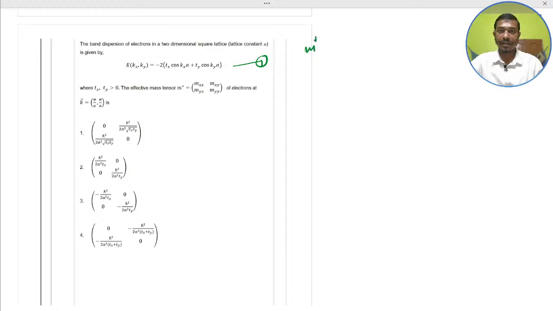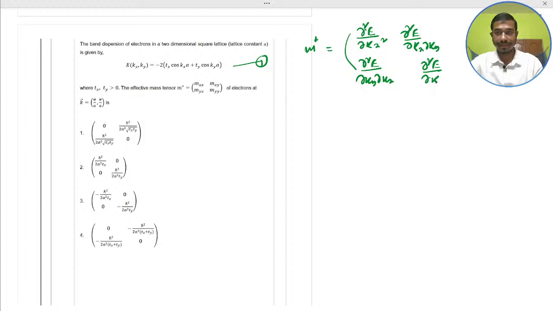So here the tensor components are: del squared E by del kx squared for xx, del squared E del kx del ky for xy, del squared E del ky del kx for yx, and del squared E by del ky squared for yy.